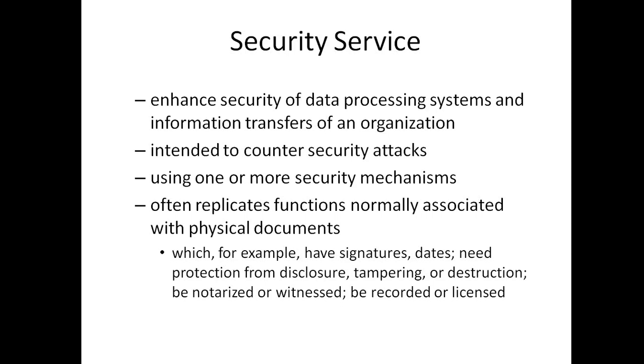In order to increase the security, we have some types of services to protect the data or the information during the transmission of data, which have been intended to counter security attacks. Using some security services we can protect our data. For example, using signatures we can avoid such types of attacks, either passive or active attacks, by signing digitally as the legitimate user.